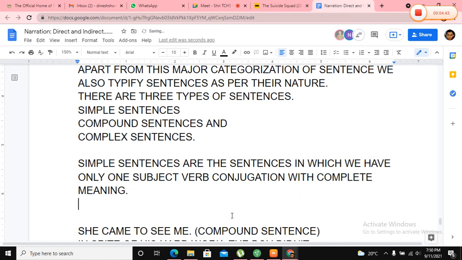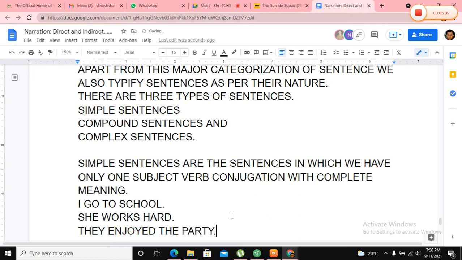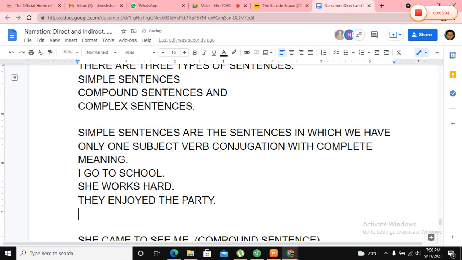I go to school. She works hard. They enjoyed the party. These are simple sentences. Only one subject verb structure is there, and the sentence is producing complete meaning.